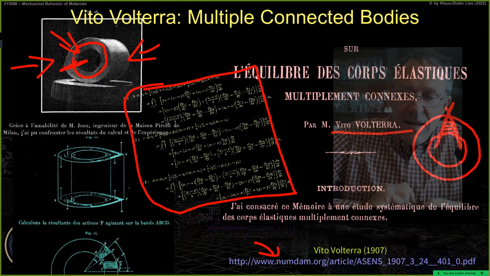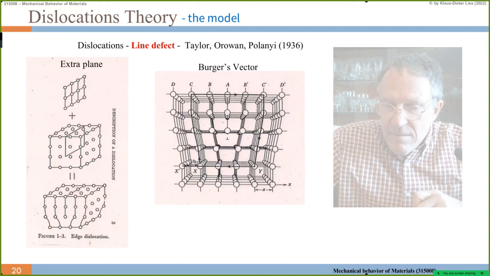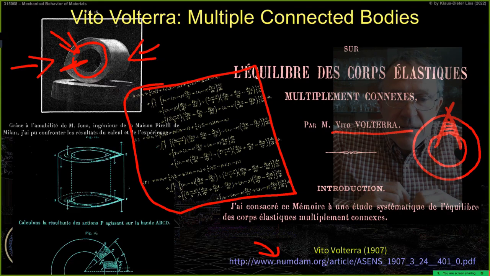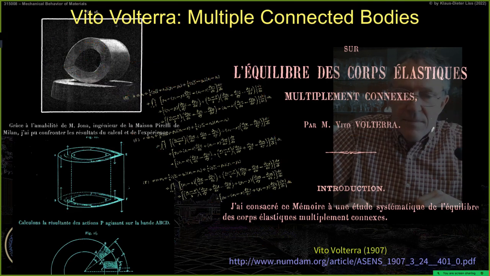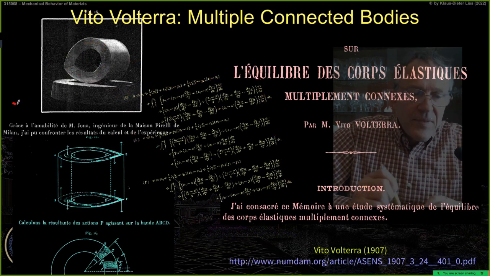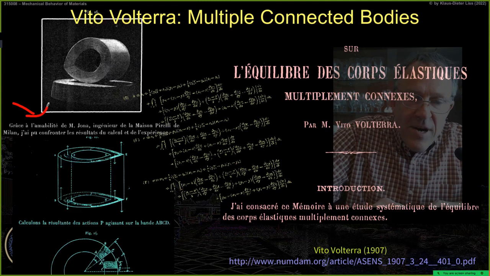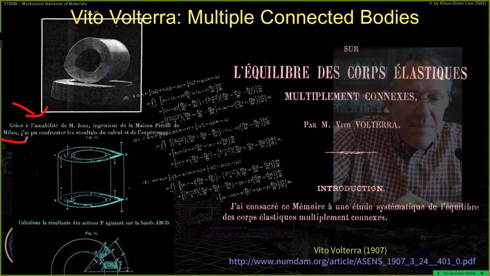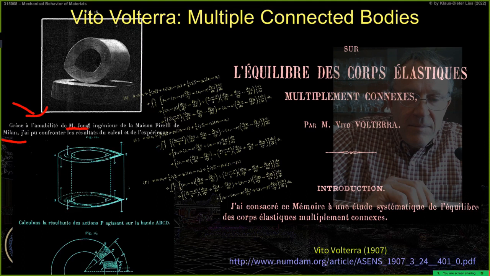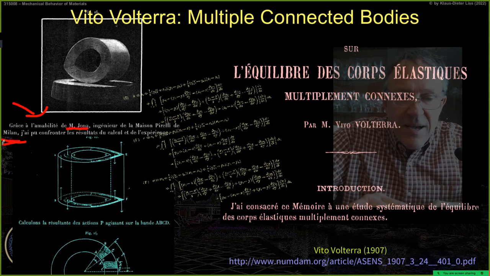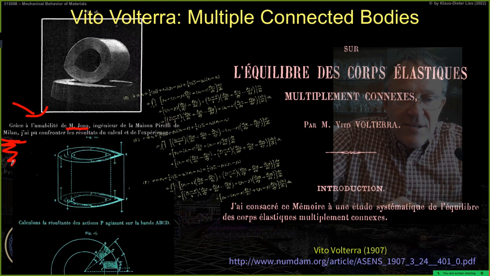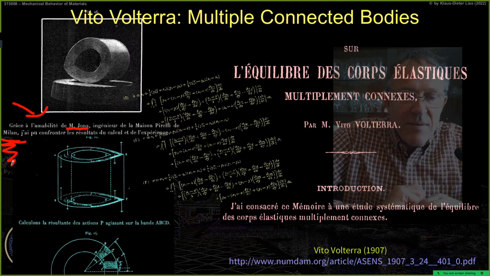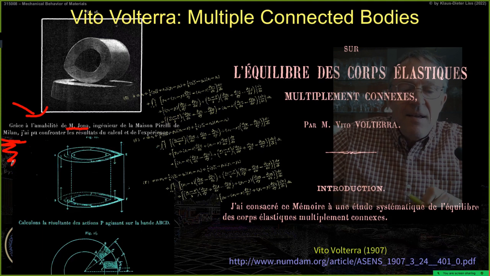The experiments have been done by an experimentalist, I forgot his name. Grâce à l'amabilité de Monsieur Jonah, ingénieur de la maison Pirelli de Milan. So there's a Mr. Jonah of the house of Pirelli in Milano, in Italy. J'ai pu confronter les résultats du calcul et de l'expérience. I could verify the theoretical calculations.